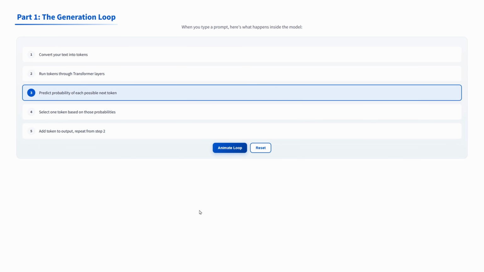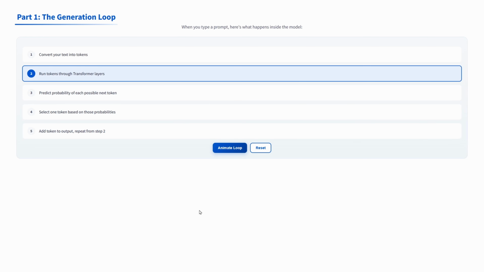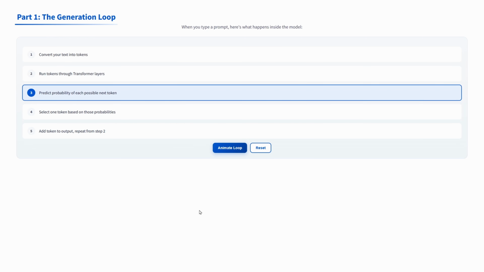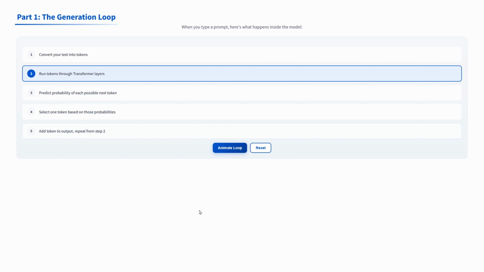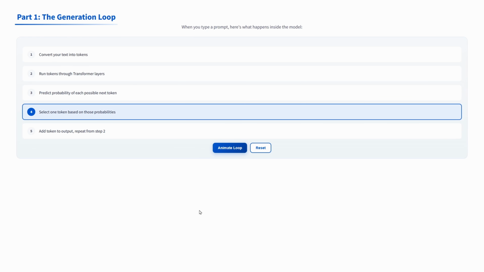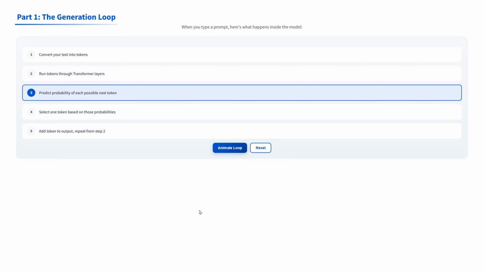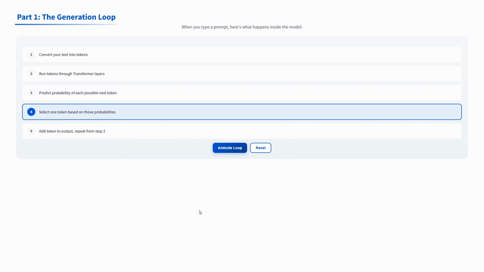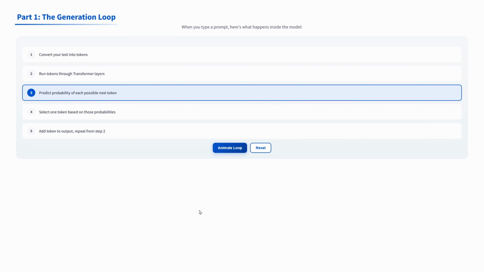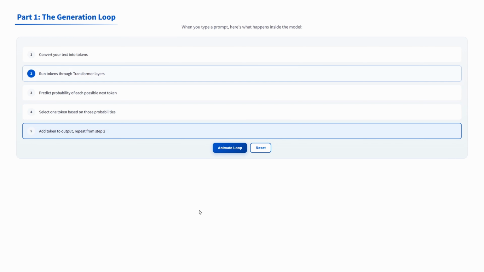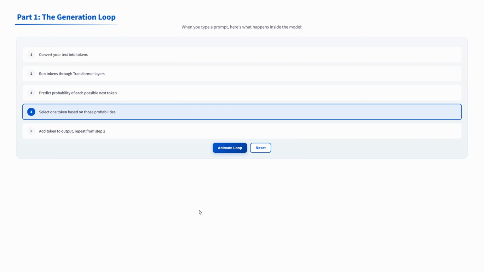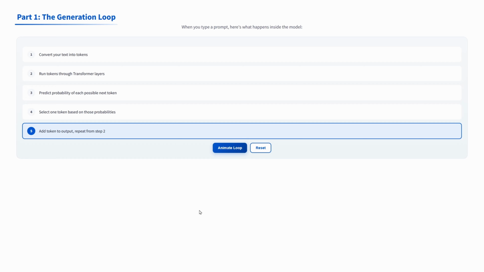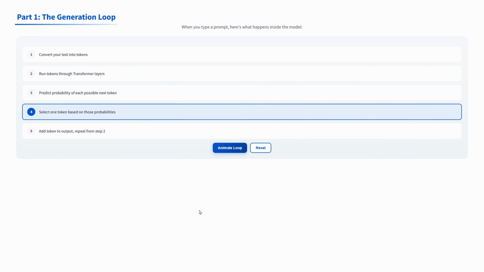Step 2, those tokens run through the transformer layers, all the attention and feed forward processing that we talked about. Step 3, the model predicts the probability of every possible next token. Not one answer, but a whole distribution. This is very important. Step 4, it selects one token based on all those probabilities. Step 5, the token gets added to the output and the whole process repeats from step 2.